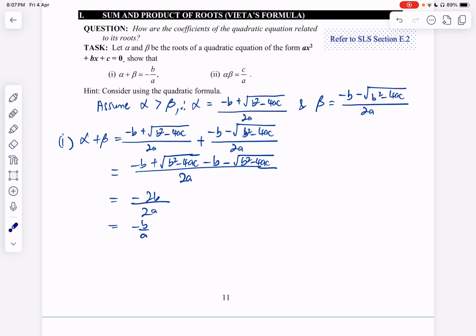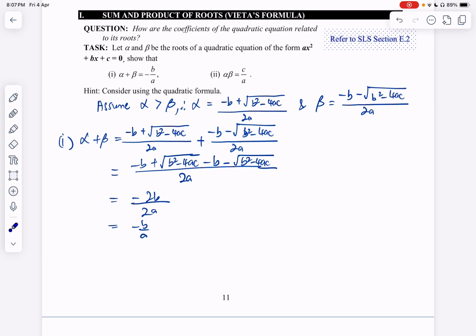Roots here simply means the answers to the equation. So you now need to show that alpha plus beta is negative b over a, and alpha times beta is c over a. This shows that the coefficients of the quadratic equation are related to the roots.